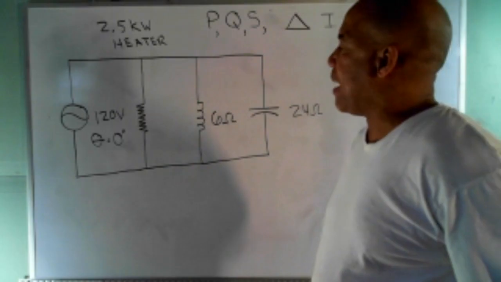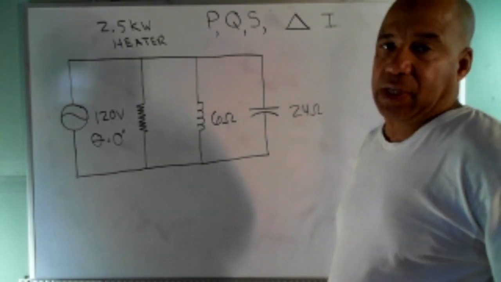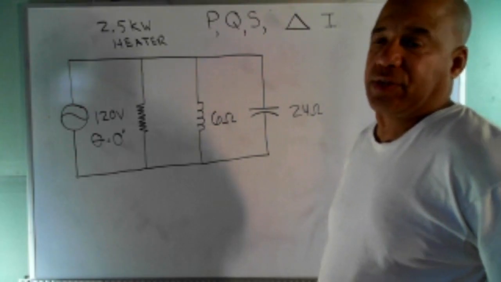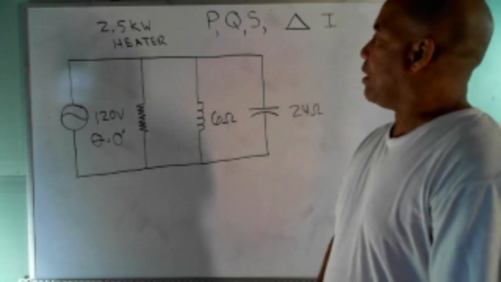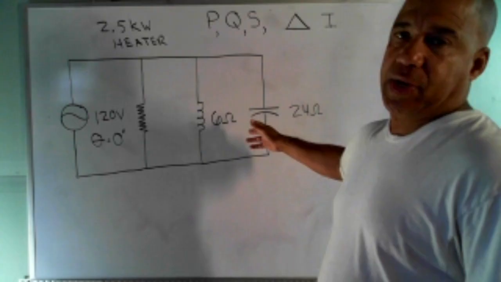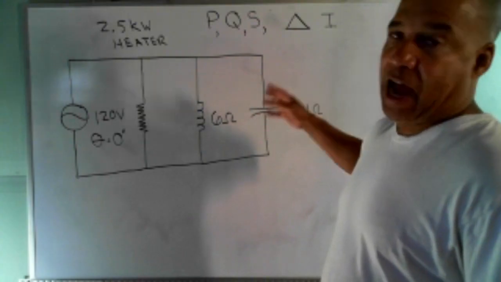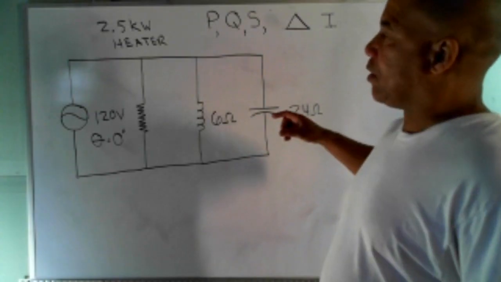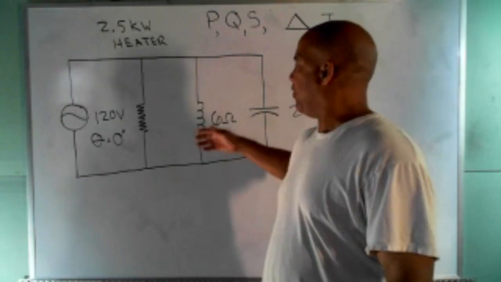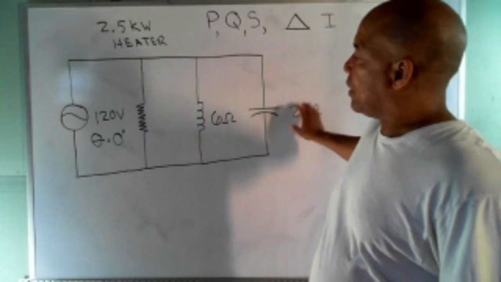This particular problem is not particularly hard, but I like it because it's what I call a modeling problem. We're used to working with small circuits, but here this could represent a factory, some kind of commercial property, or a house. In those types of facilities, you might have resistive loads, inductive loads, or capacitive loads.